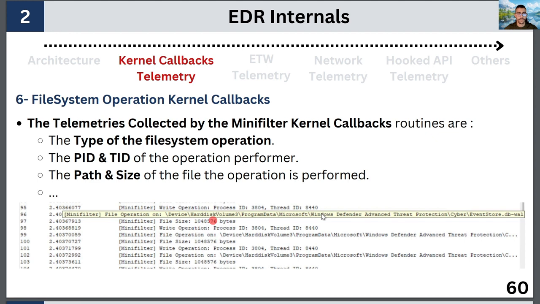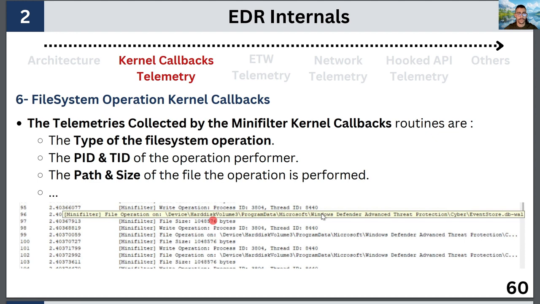When an object operation kernel callback is triggered, it collects critical telemetry about handle creation or duplication events, including the target and source PID, which identifies the process requesting access and the target process. The desired access right requested specifies what level of access the source process is requesting, either read, write, or terminate.